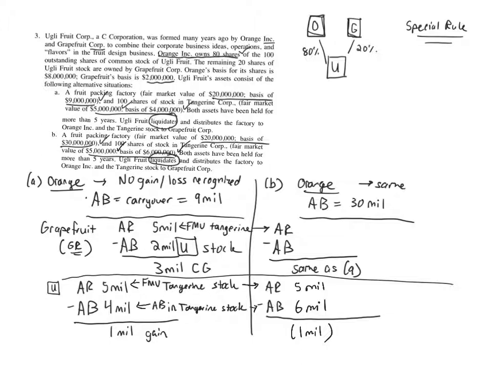But remember, the rule said, special rule, if the subsidiary has a loss, you can't take it. So the idea is that the subsidiary can only have a gain but never a loss in this special rule. So what does it do? It makes this loss equal to 0. The loss is lost forever, and we're done with this problem. And we're done with Module 9. Any questions?